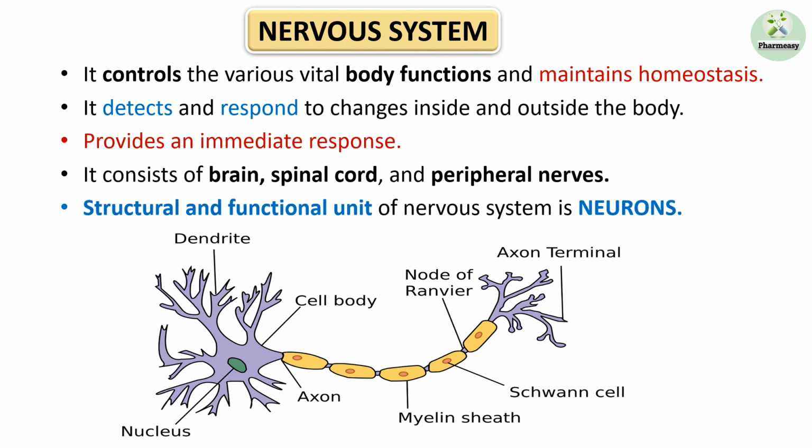Neuron is the structural and functional unit of nervous system. The figure of neuron represents dendrites, cytoplasm, nucleus, axon, nerve terminal, and synapses. Neurons are interconnected with each other and help in the transmission of signal to the target cell.